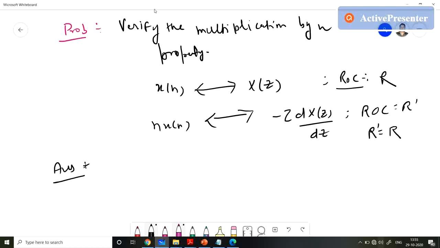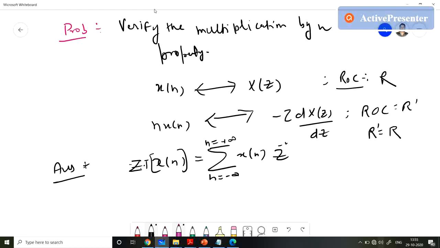We have x[n]. The z transform of x[n] is summation n equals minus infinity to plus infinity x[n] z raised to the power minus n. So it is equal to X(z). Now we can differentiate both sides.